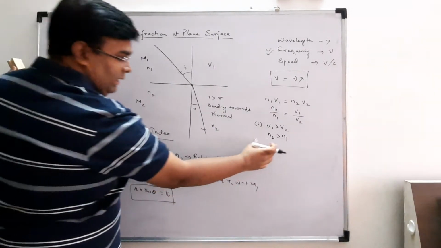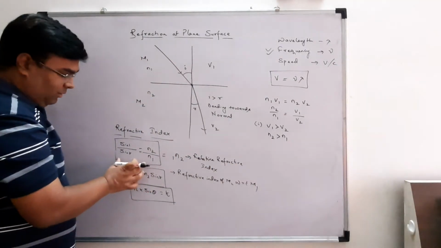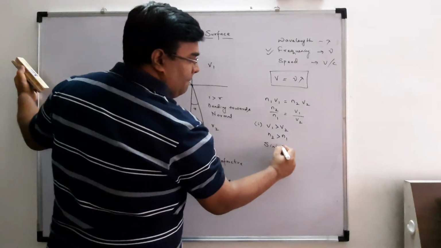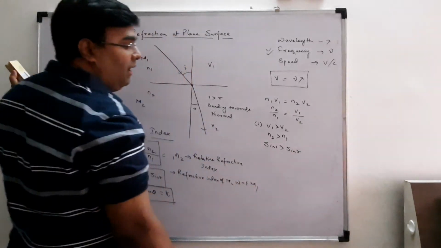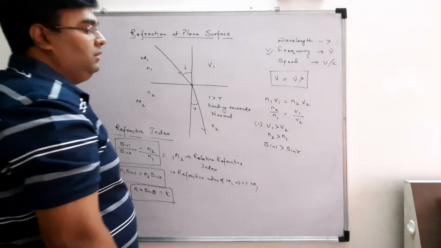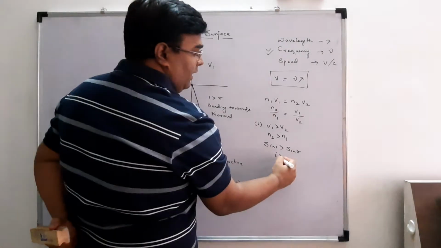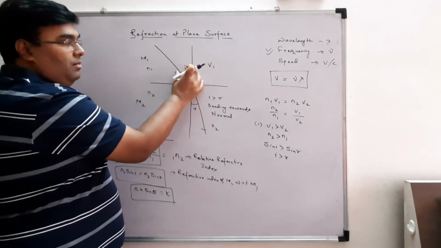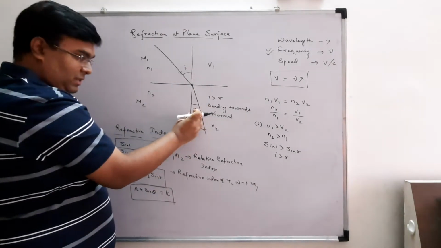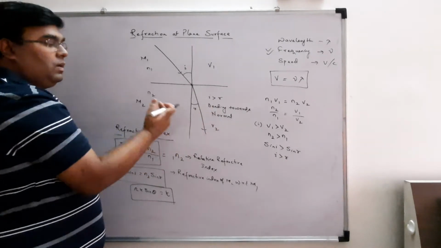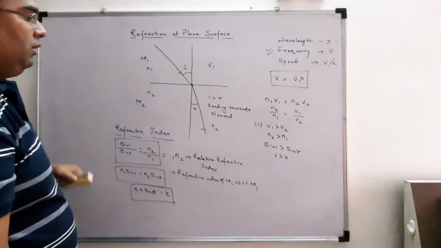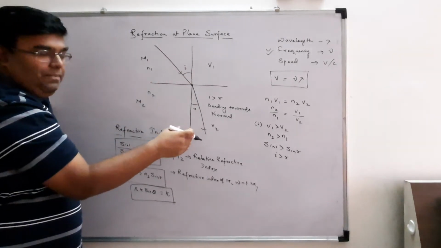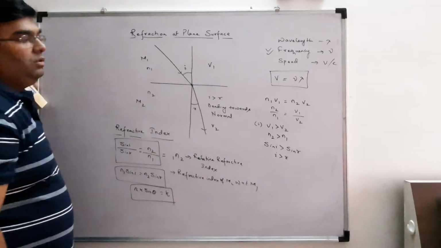When n2 is greater than n1, by this law sin i is greater than sin r, so i is greater than r. It means this angle is more and this angle is less, so it is bending towards the normal. So speed decides the bending. When the speed decreases, it will move towards the normal.